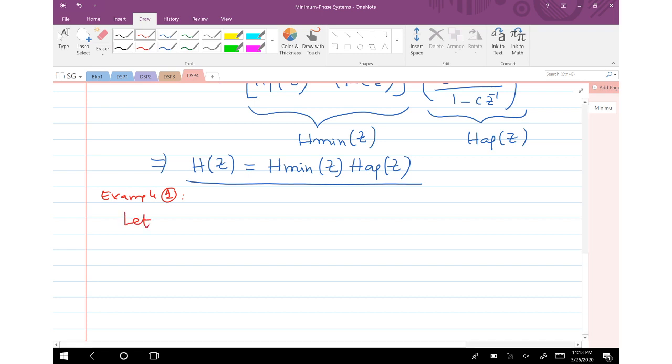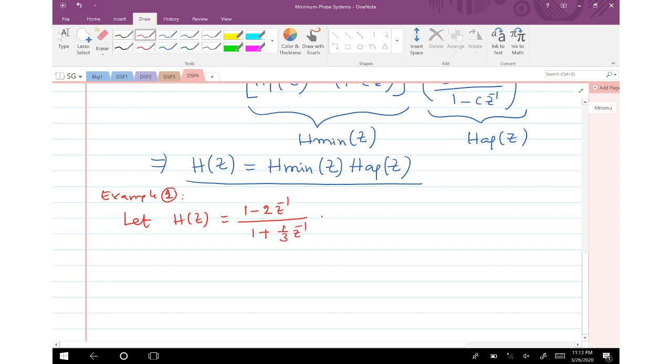So let's take H of z equal to (1 minus 2 z inverse) divided by (1 plus 1 by 3 z inverse).